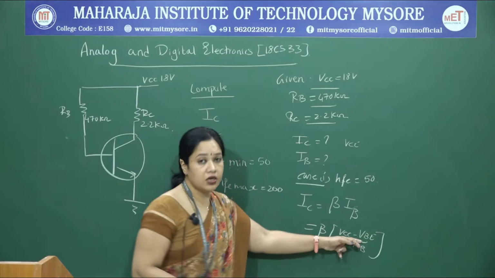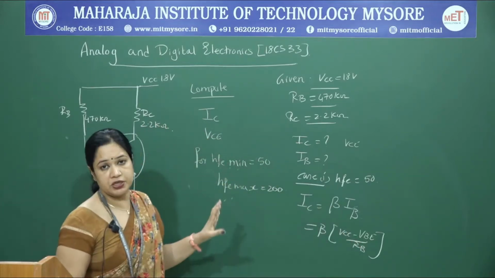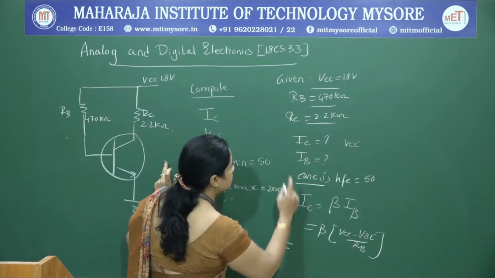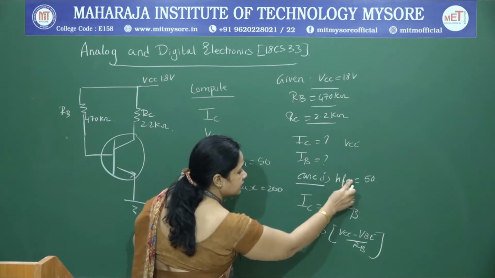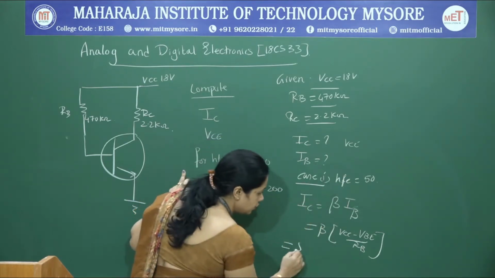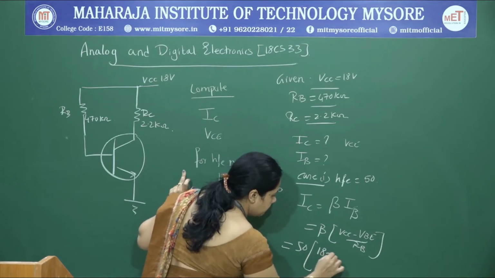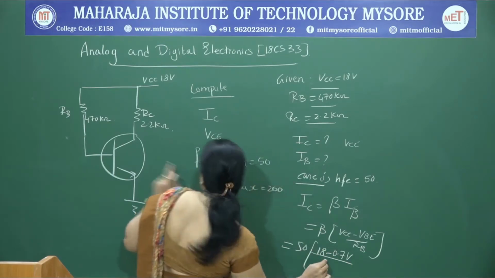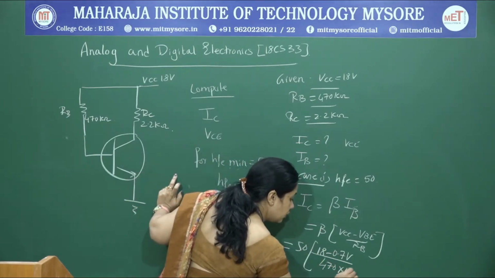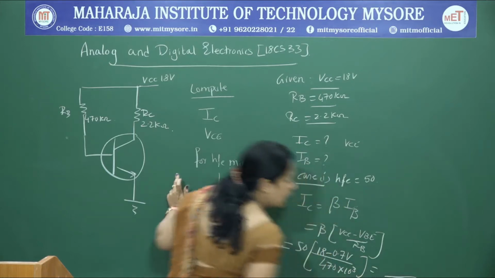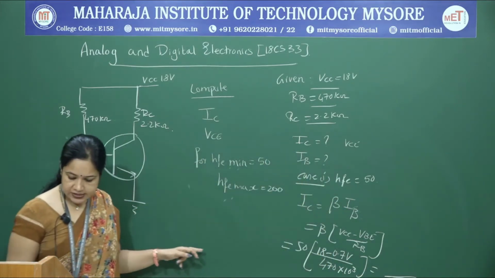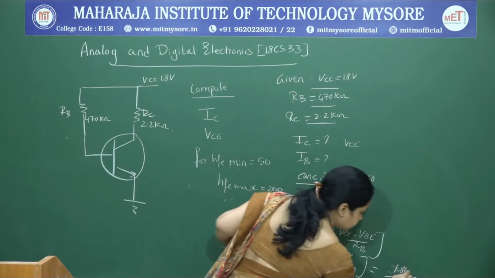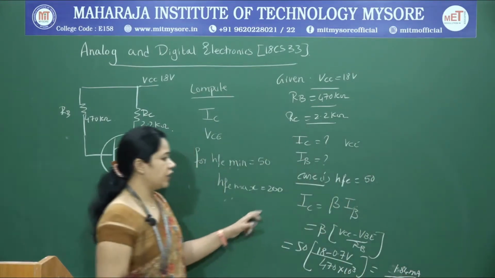Because we are not given the cut-in voltage VBE here, we will assume it is a silicon transistor and take it as 0.7 volts. Accordingly, beta is 50, which I have considered for the minimum value of gain. So, IC is 50 times VCC 18 minus VBE 0.7, divided by RB, 470 into 10 power 3. I have already calculated this for you, and it is 1.84 milliamps, corresponding to hFE 50.